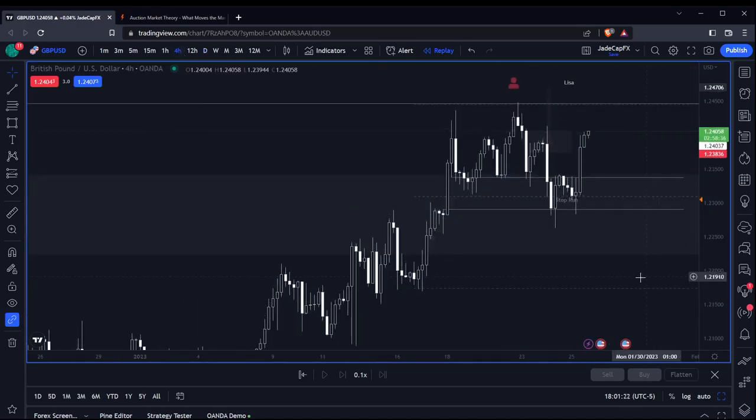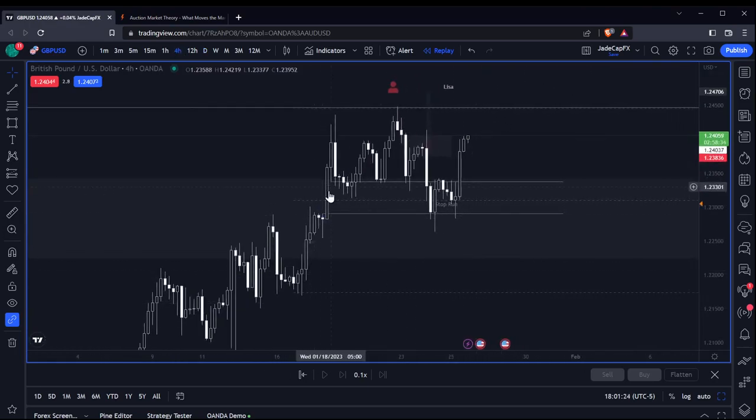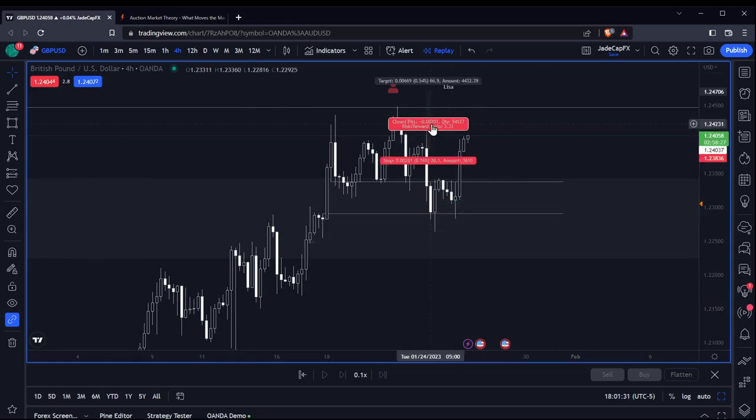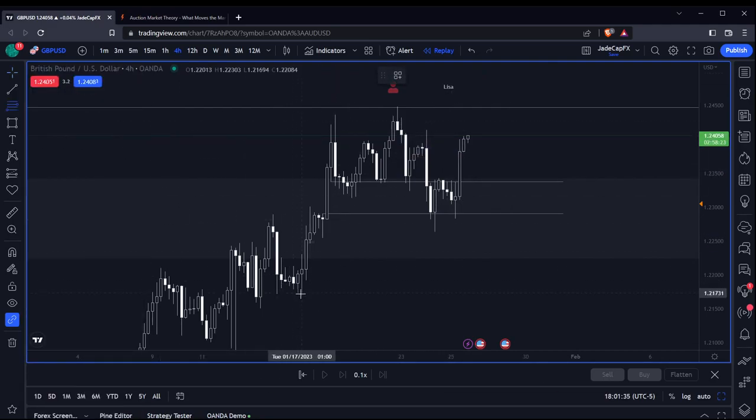We have this buy side imbalance in here. And so the market is trading higher. It's just trading to a premium, returning to a discount. And then we have a market structure shift.